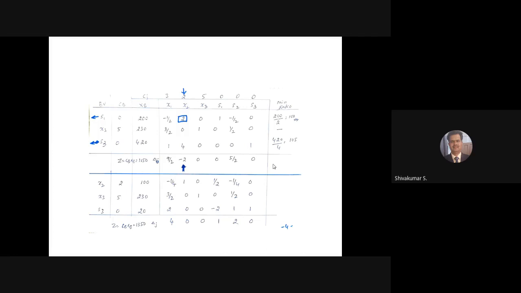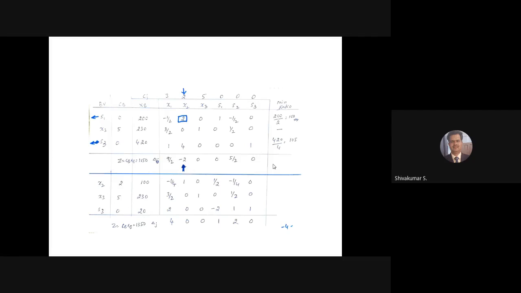Delta j is CB into the corresponding x values. Remember here, I have found the value of z on the left side. Z is equal to CB into XB. That is 0 into 200, plus 5 into 230, plus 0 into 420, which equals 1150.